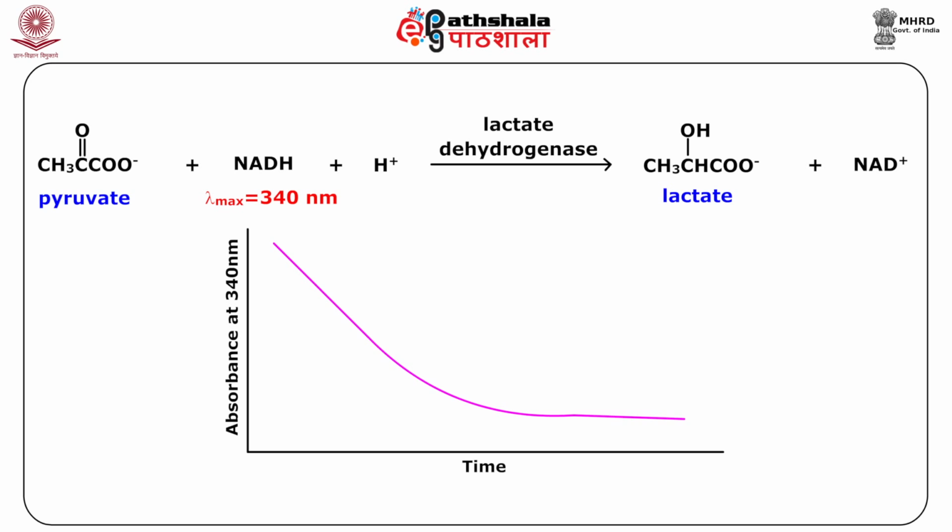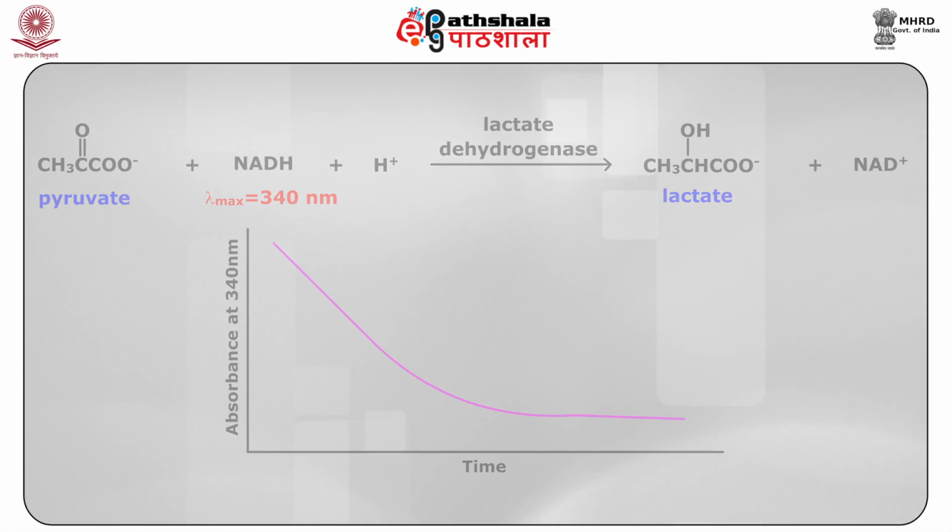Hence, like the earlier example, by measuring the decrease in absorbance at 340 nanometers, the rate of reaction can be determined and its kinetics can be studied. This is clearly shown in the figure. As you can see, the absorbance is plotted as a function of time.